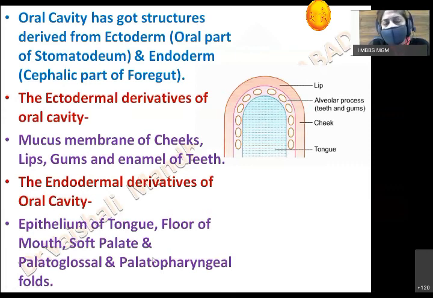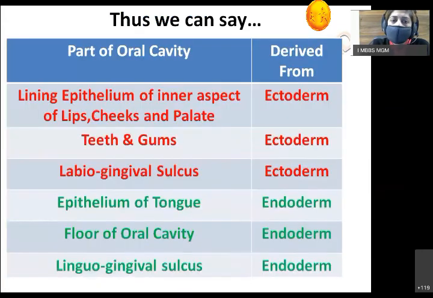So it is very easy to remember what is ectodermal and what is endodermal. Whatever is the wall of the oral cavity is ectodermal in origin, and the contents of the oral cavity are endodermal in origin. The lining epithelium of the inner aspect of the lip, cheek, and palate is ectodermal. Teeth and gums are ectodermal.